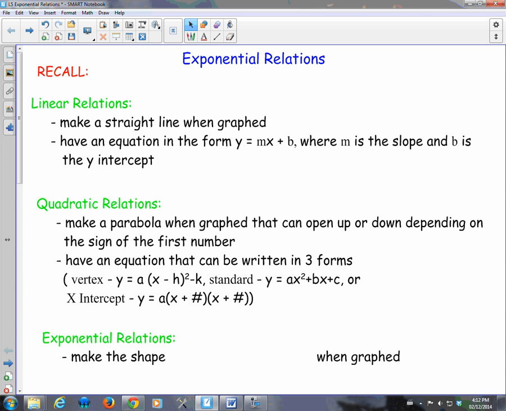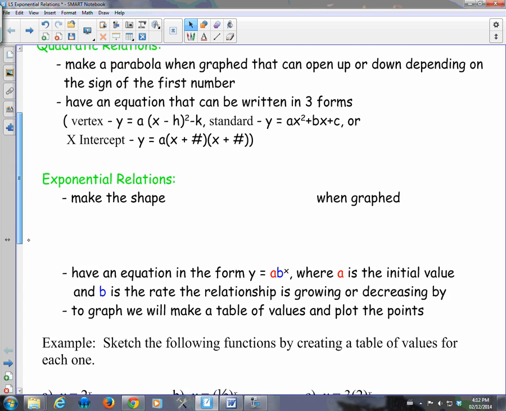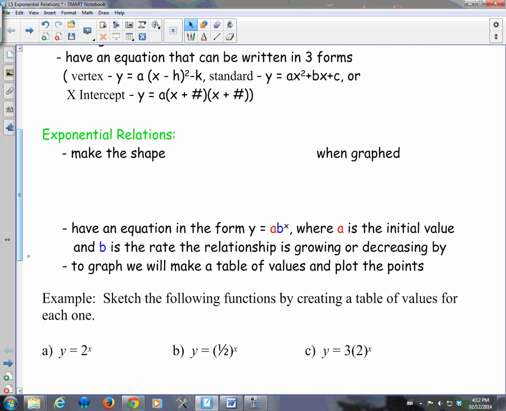The last type of relation is exponential relation. An exponential relation makes a different shape when graphed. It will look like this when it has a whole number base, like 2 to the x.